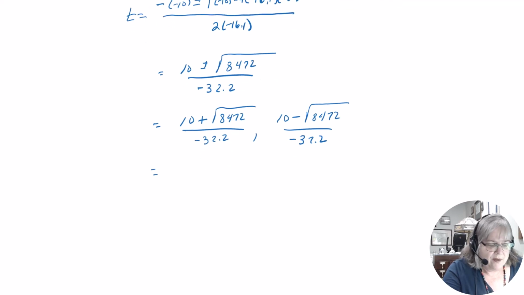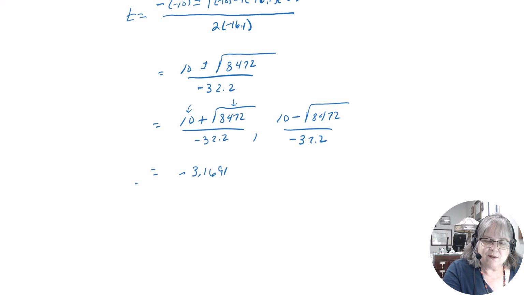Now, if you can tell, 10 is definitely positive, plus the square root of 8472 is going to be positive, divided by negative is going to give you negative, and it turns out to be something like negative 3.1691.